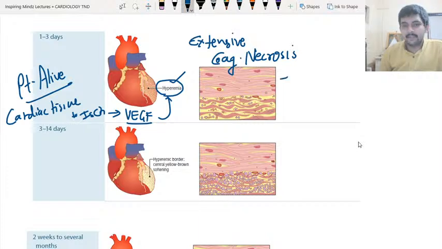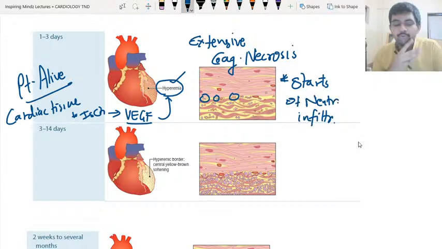But at the same time, you will also observe structures infiltrating in between. These are nothing but neutrophils. So there is a beginning of neutrophilic infiltration at this point of time. There is no possible complication as such in 1 to 3 days.